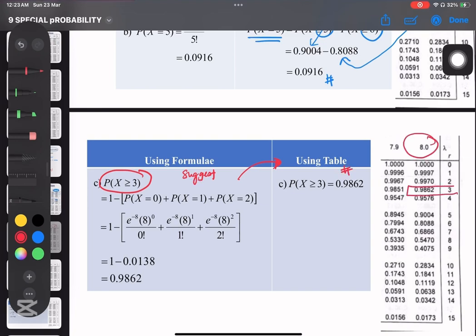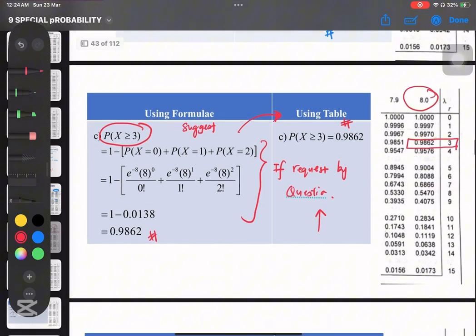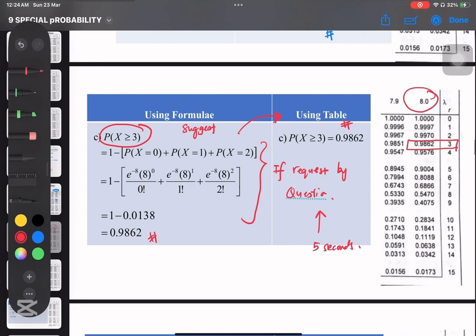For question C, it is suggested to use the table because it's already in the greater and equal condition. But if the question requests that we use the formula, then we need to use the formula.